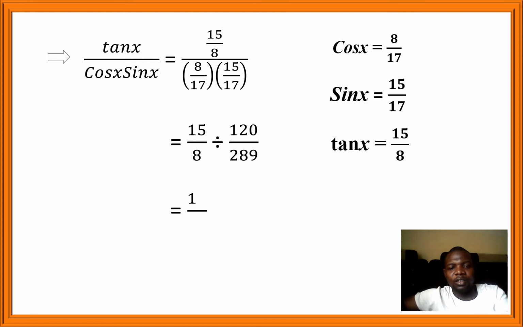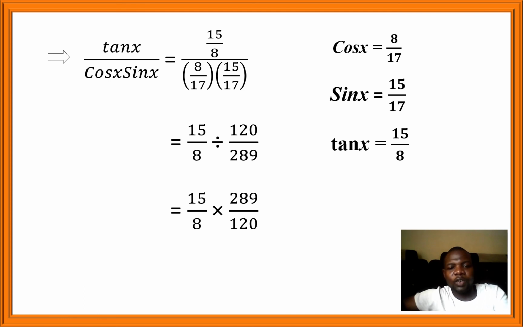Simplifying this, we'll have 15 over 8 multiplied by 289 over 120. If we change this division sign to multiplication, we change the positions of the numerator and the denominator.